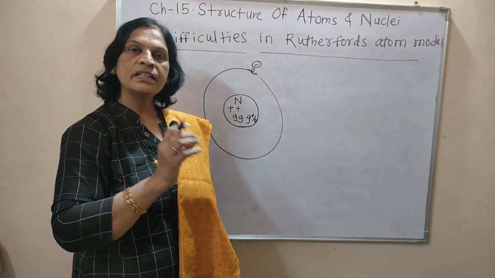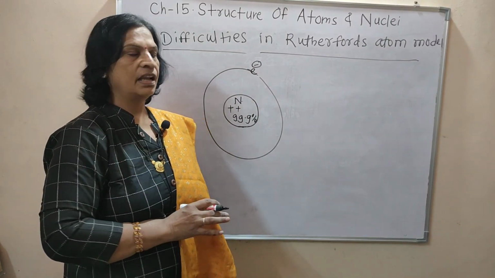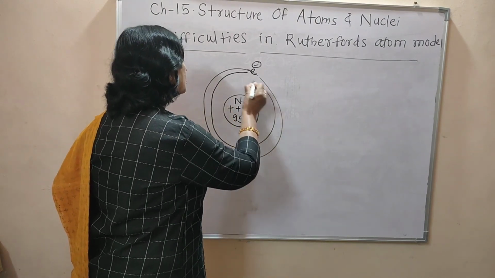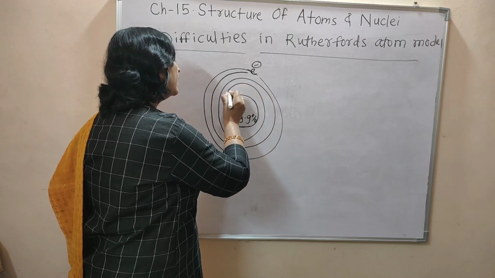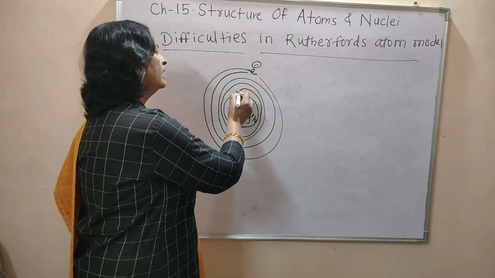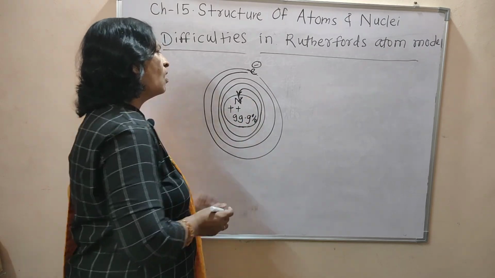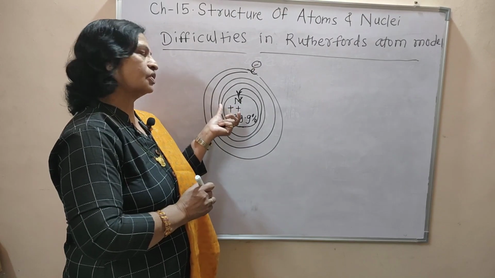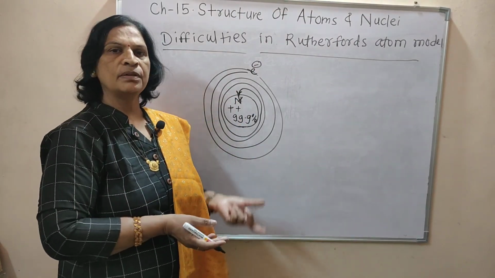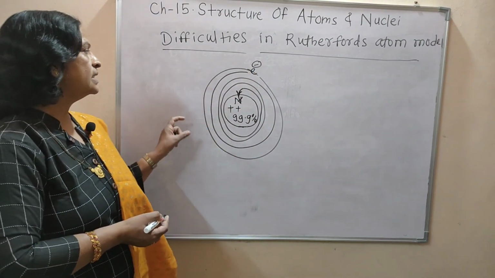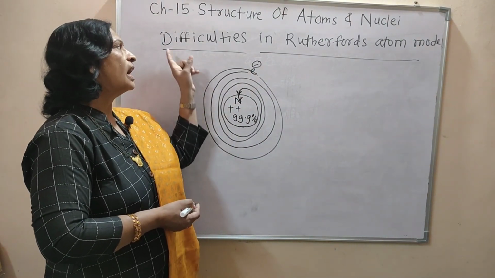Due to that, the electron's energy goes on decreasing, and therefore its radial path also goes on decreasing, and it falls into the nucleus, and the atomic structure collapses. That is the first difficulty that arises in Rutherford's atomic model.